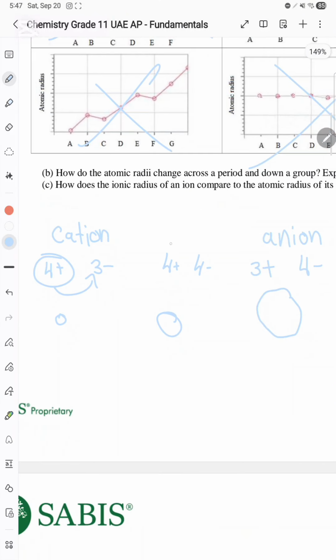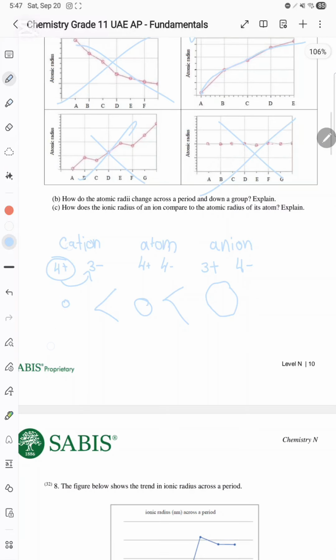So the atom of an element is bigger than the cation, but the anion is always bigger than the atom. If it's positively charged, because it's formed when it loses its valence electrons, the electrons in the valence shell are closer to the nucleus.